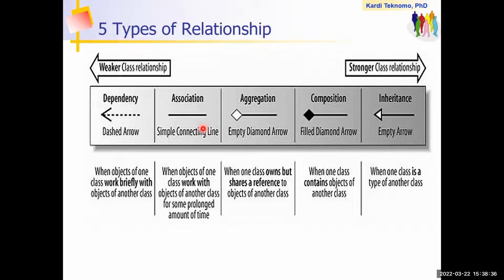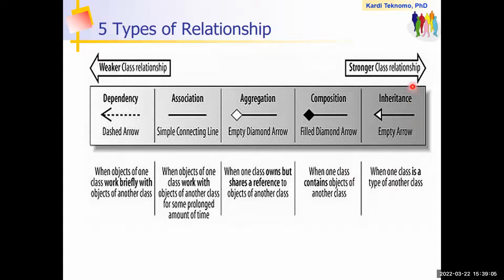Now, if you draw a diamond, that means aggregation. What is that? Aggregation means one class owns, but shares a reference to the object of another class. I'll give you an example in a moment. And then composition means one class contains an object of another class.